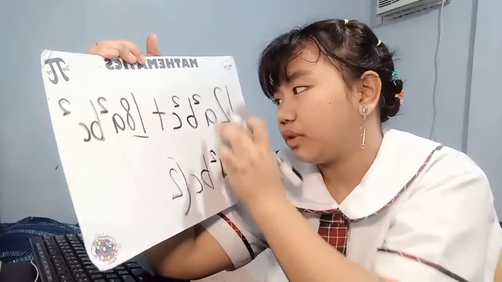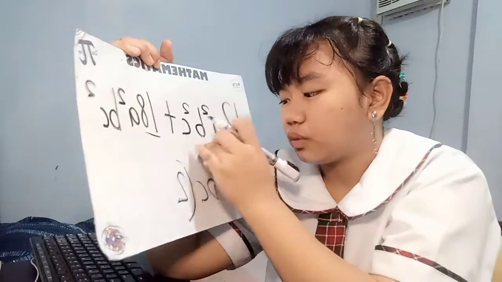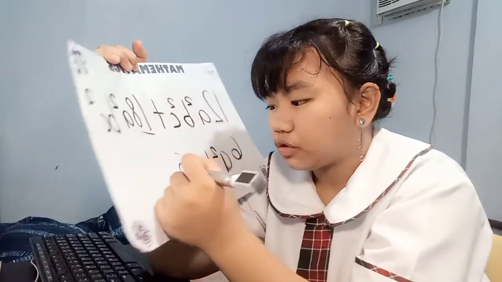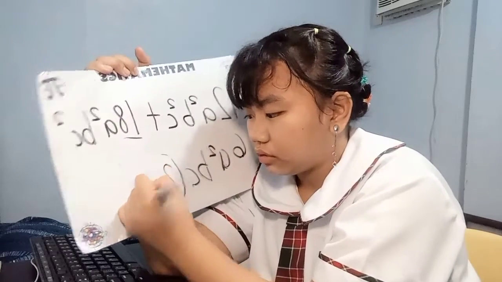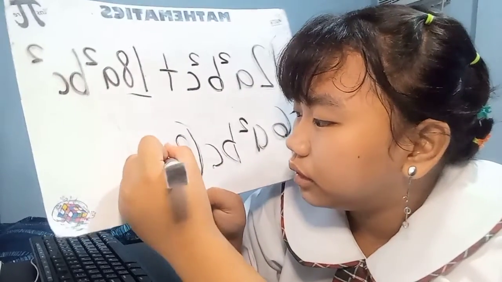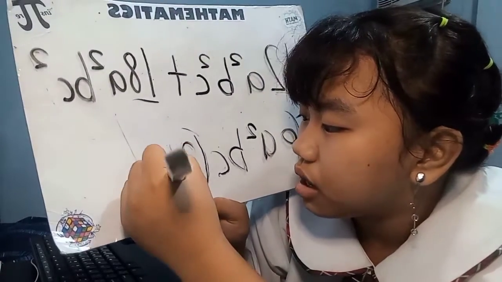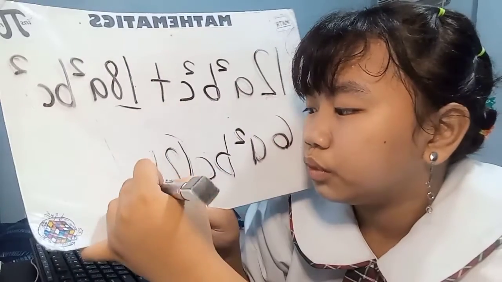And then pag minus mo yan, di na natin siya isusulat. So b squared and b, magma-minus ulit tayo. So matitira na lang dyan is b. Nakita niyo ba? Wala na siyang exponent. 2b.